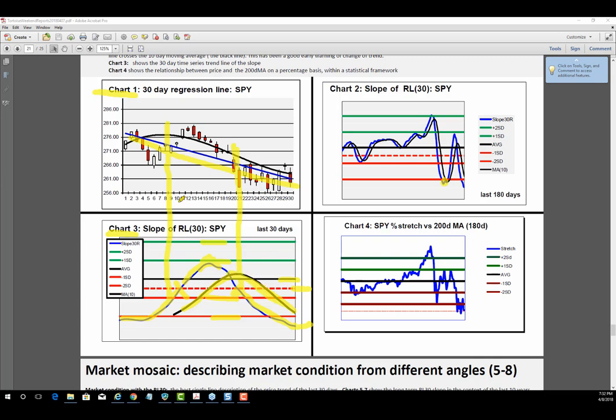So what I look for are these little crossover moments. A crossover moment like this. But I really want to see it outside of the Z1 envelope. I want to see a crossover more than one standard deviation above or below average. In this case, it was at 2, and this one was almost at plus 2.